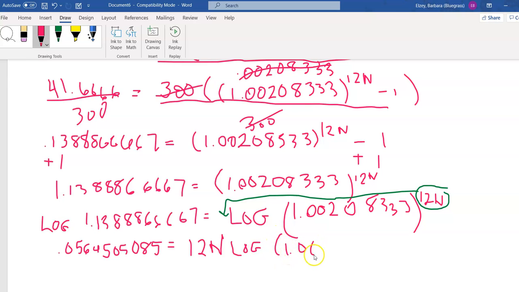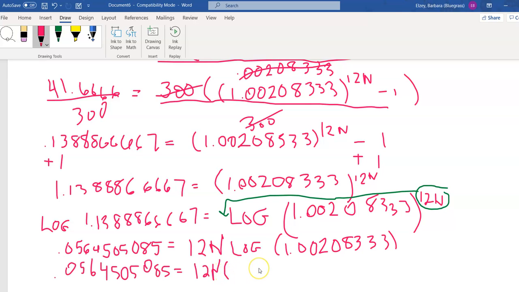Now that I've got it written like this, the exponent is no longer behind the logarithm, just this number is. I can go ahead and do log of 1.0020833 in my calculator.